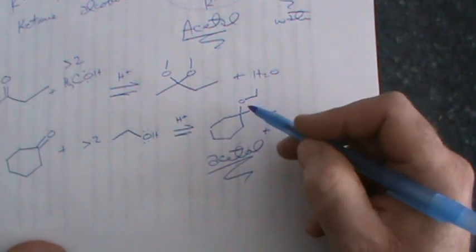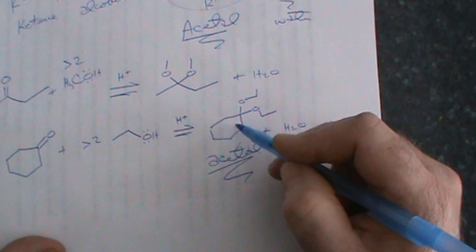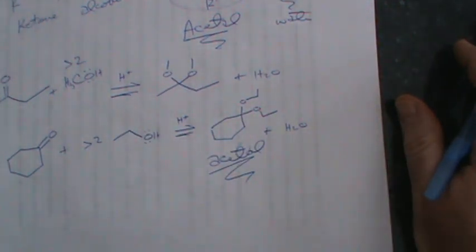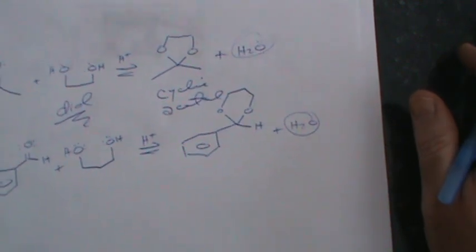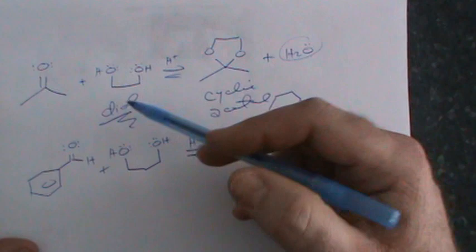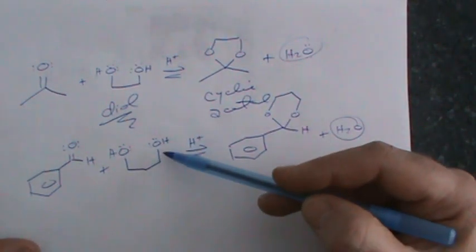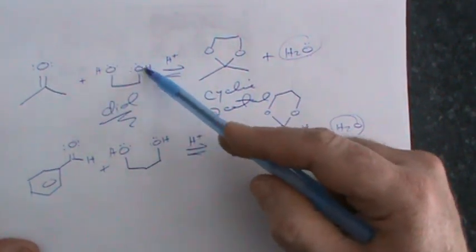Sorry, this one wasn't a cyclic acetal forming reaction. This is just a regular acetal. It looks cyclic to me from a glance because I started with a cyclic ketone. But the cyclic acetal, where the acetal functional group is cyclic, would require a diol, like this ethylene glycol or this propylene glycol. In this case, same reaction, carbonyl, 2 alcohols, at least 2.